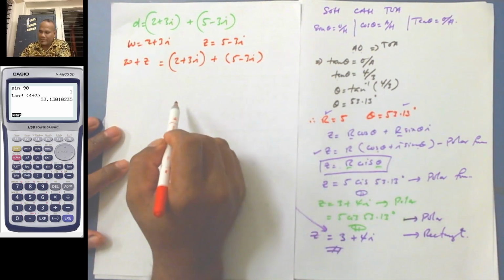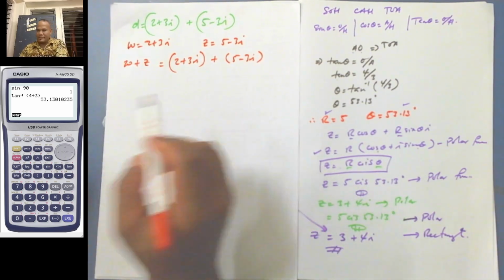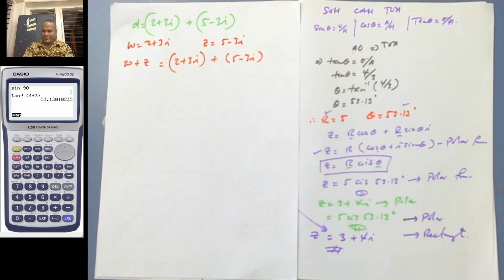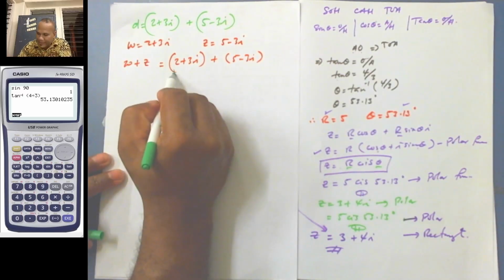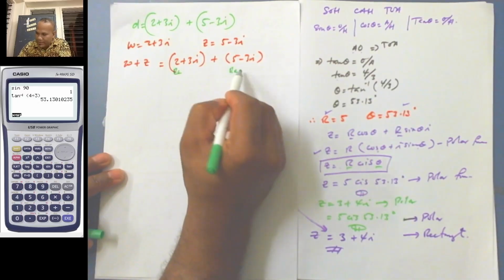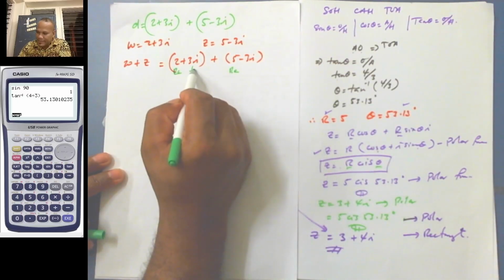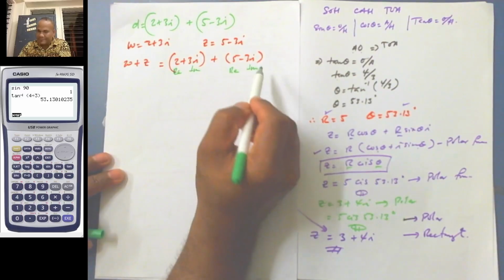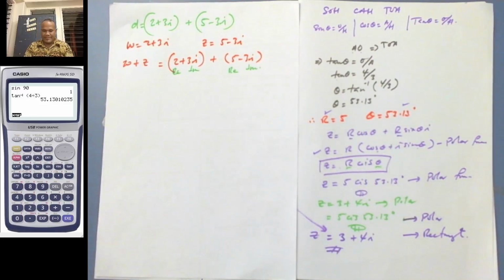Okay, how can we solve them? Remember, whenever you are adding complex numbers, you can only add real with real and imaginary with imaginary. Let's look at this example.